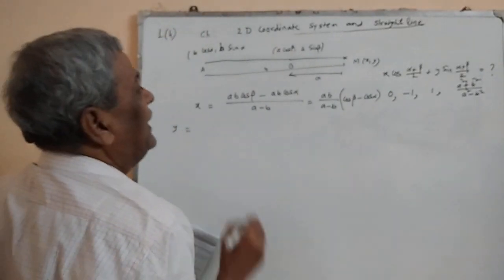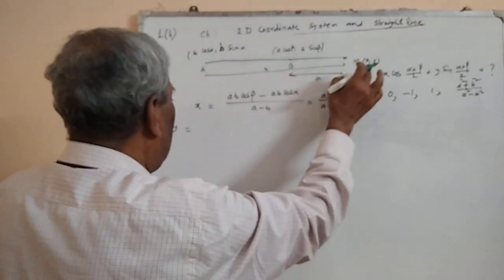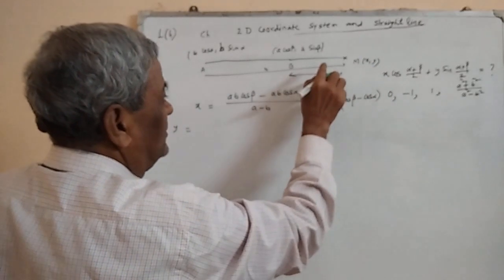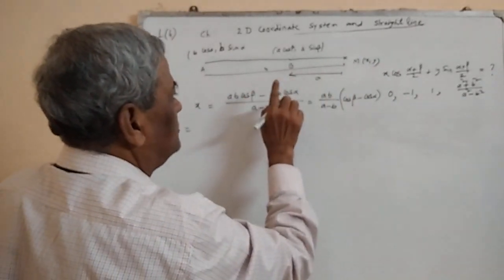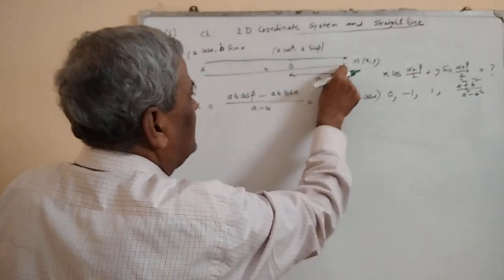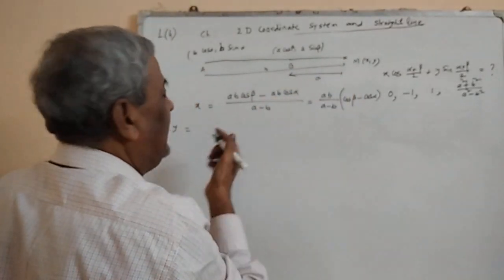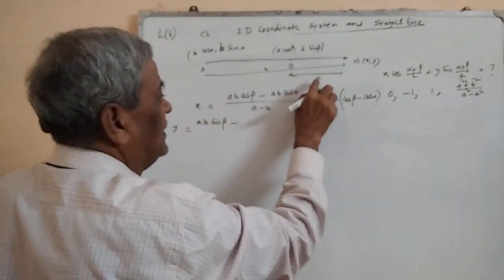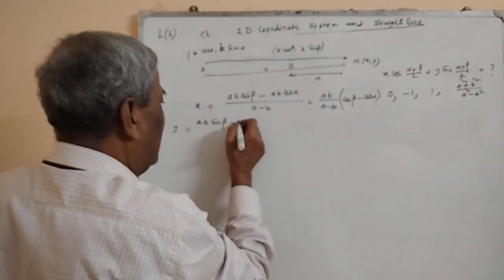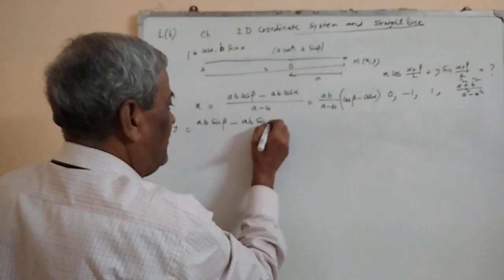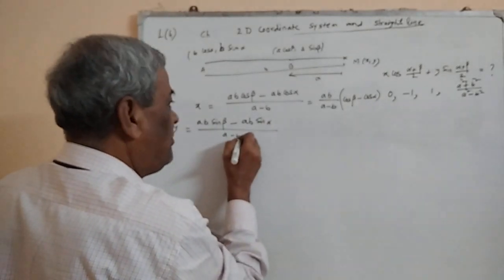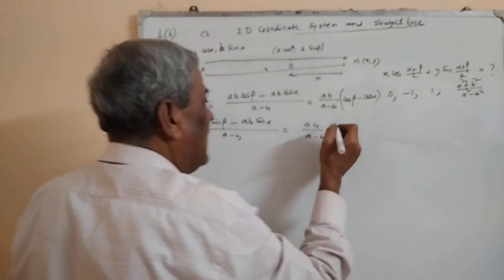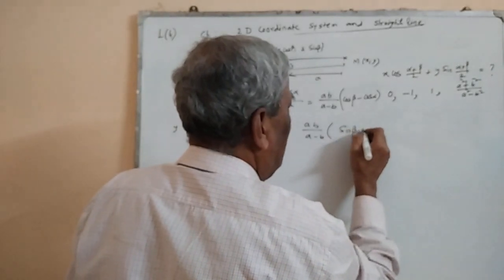Similarly, the y coordinate will be equal to B into A sin beta, AB sin beta, minus AB sin alpha by A minus B. It is once again AB by A minus B into sin beta minus sin alpha.